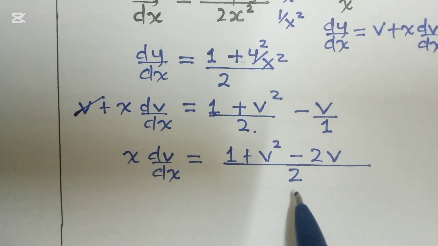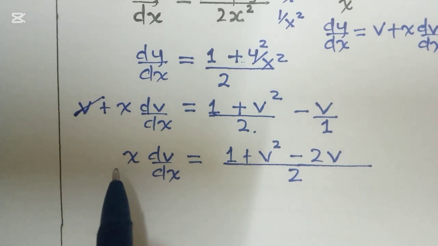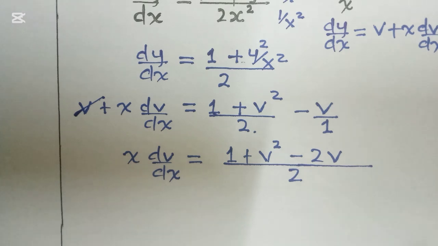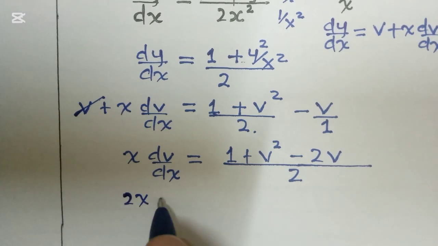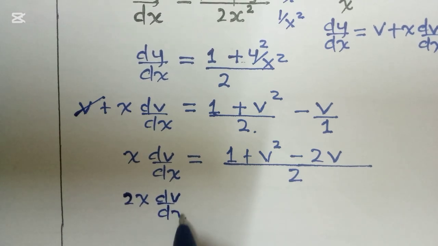From there we can actually do this, guys. We can transfer this 2 to the other side, so that we are going to have 2x dv dx.